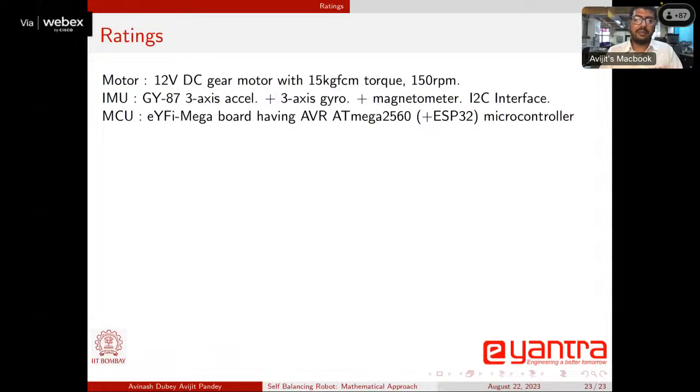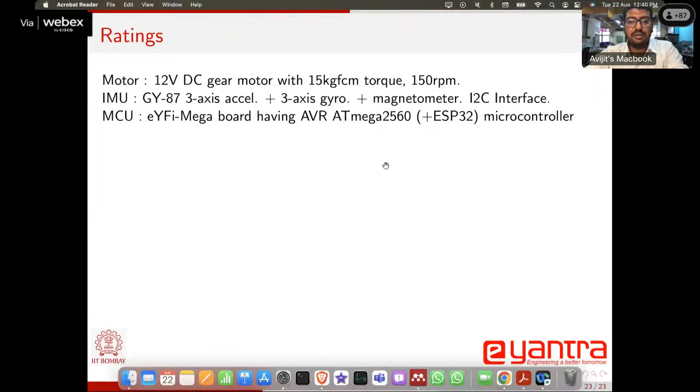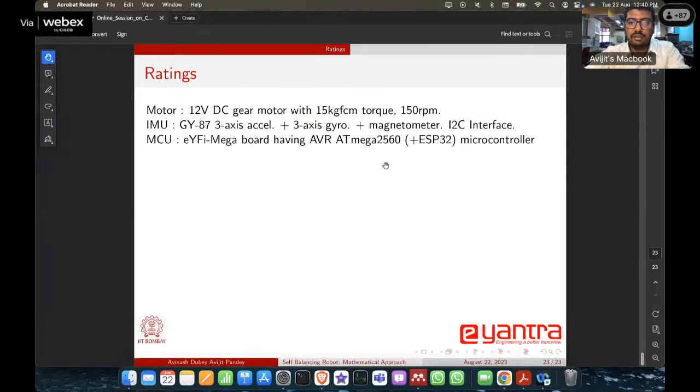This gives us the capacity to wirelessly program the controller and also implement IoT applications using the same board. So it's a good tool to explore. You can explore that through the e-Yantra website. And with that, we reach the conclusion of our session on control systems and basics of self-balancing robot design.